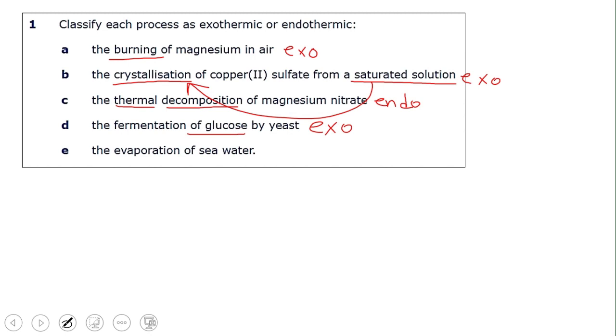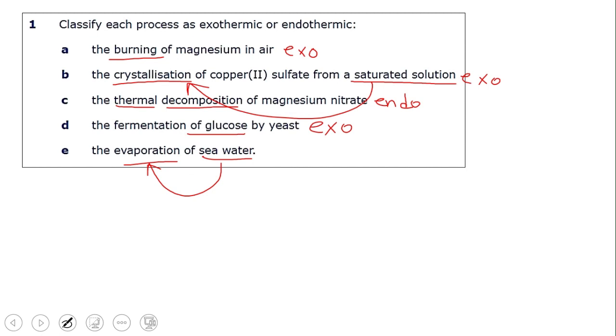E. Evaporation of seawater. In this process, seawater is going to change into vapors, into the gas state. In liquid water, it has less kinetic energy, but when it changes into vapors or gas, it increases in kinetic energy.